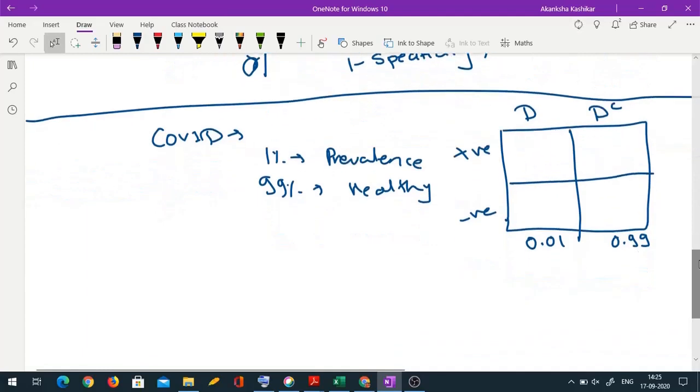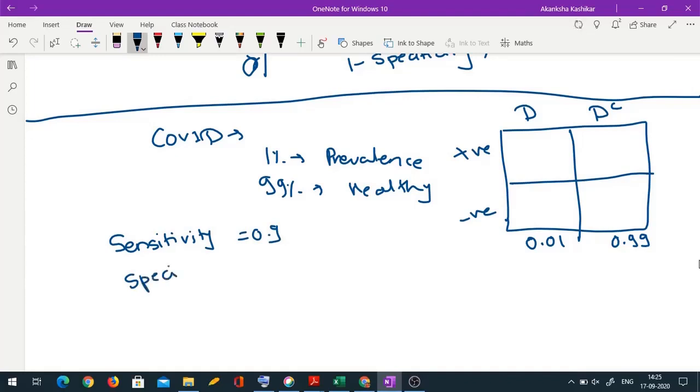Now let us assume that my test, the antigen test or whatever test we are conducting, has sensitivity of 0.9, so 90% sensitive, and it has specificity also of 0.9. What does it mean?